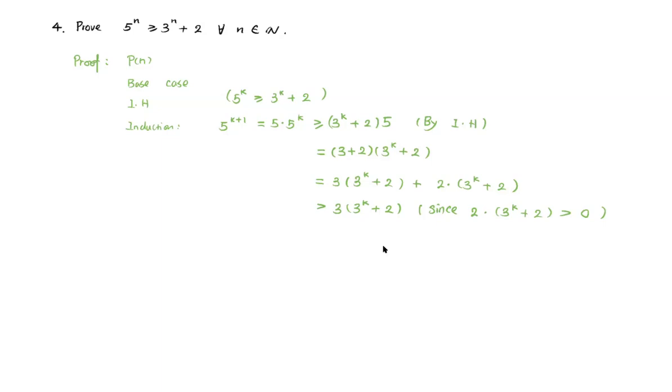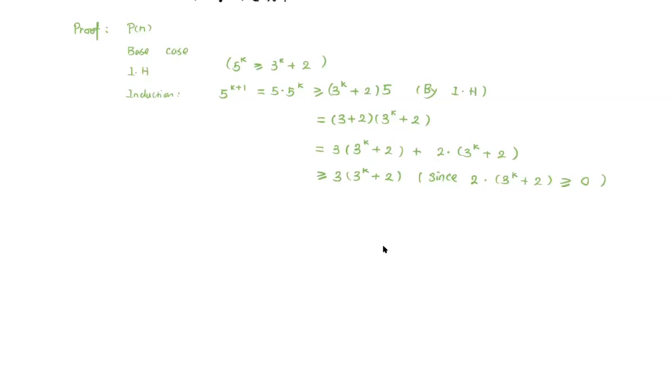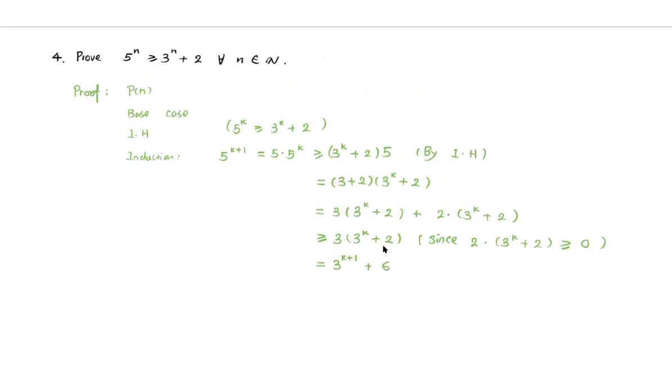Actually, I want to use this. It's not the same, but this includes greater than. Okay? Just to be safe. Well, now you can open the bracket. You'll get 3 to the k plus 1 plus 6. No, it's not complete.